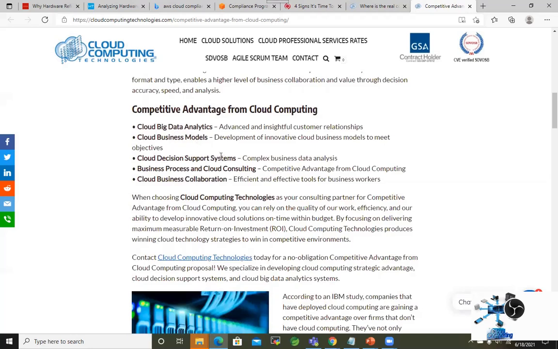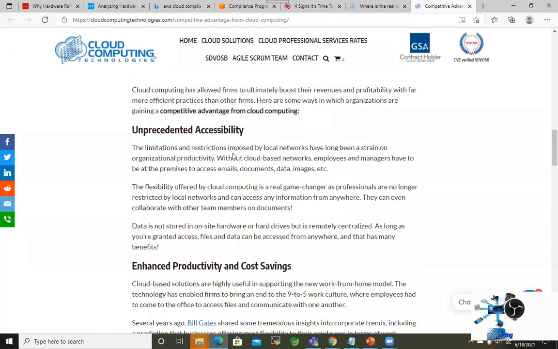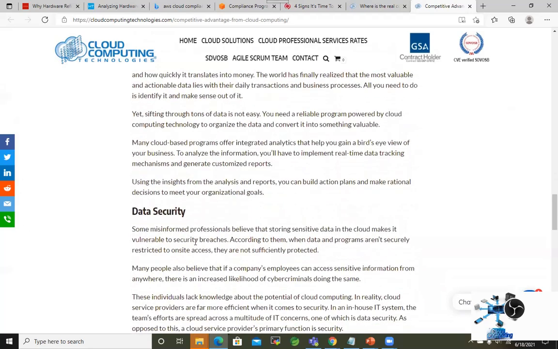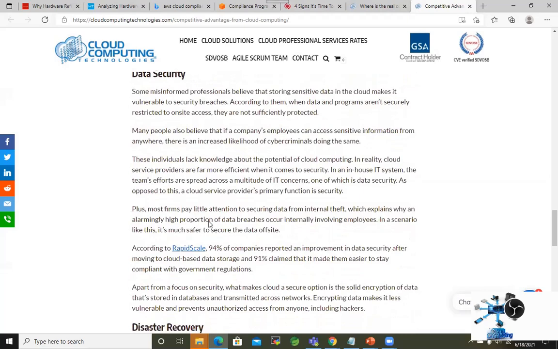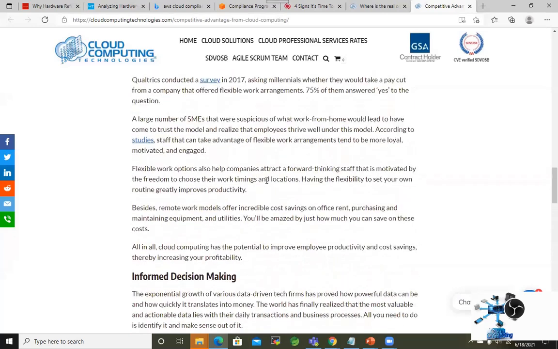Those are built-in available in cloud, right? And cloud business collaboration and all those things, right? Yes, we have unprecedented accessibility, enhanced productivity, cost savings, and decision making. I mentioned security, and DR, disaster recovery. All of these help you stay ahead of the competition in your business.